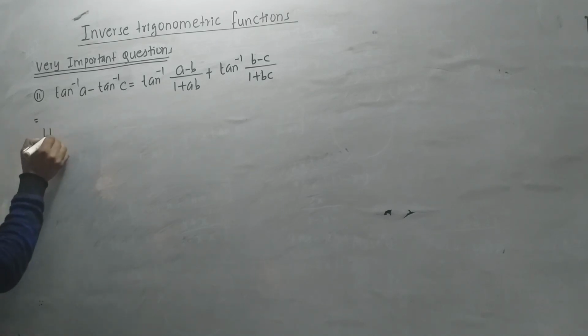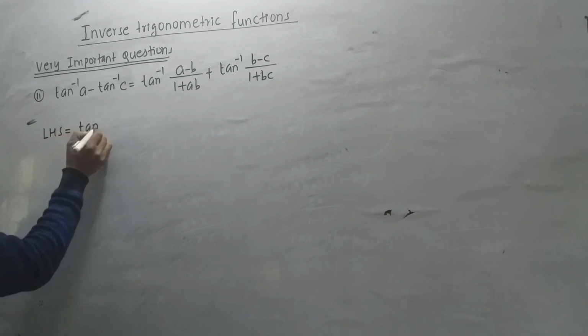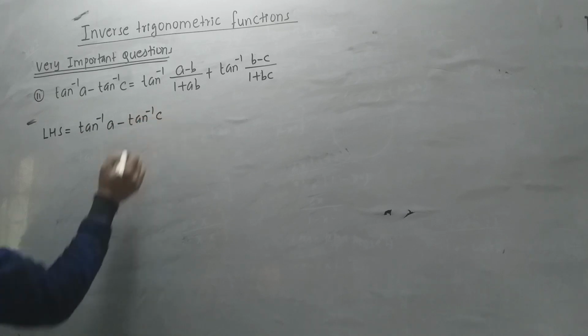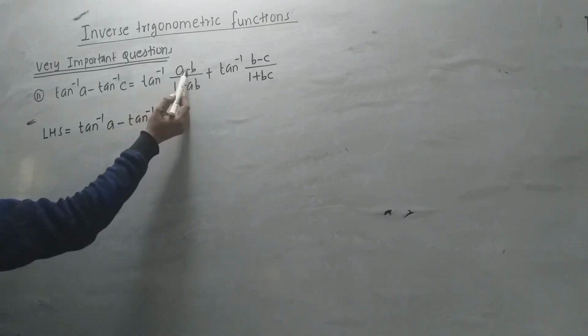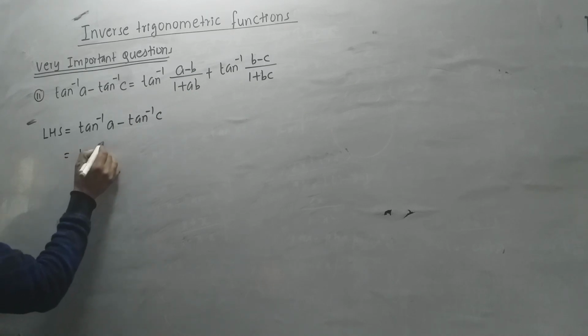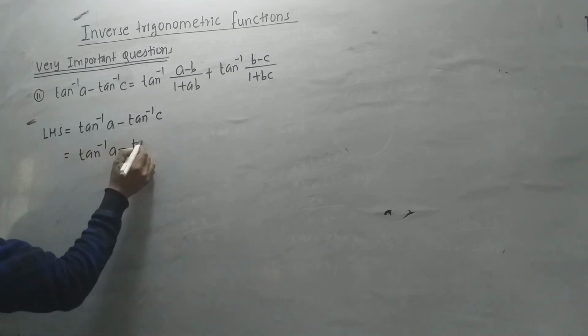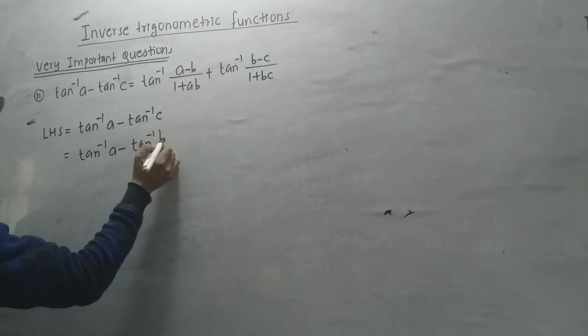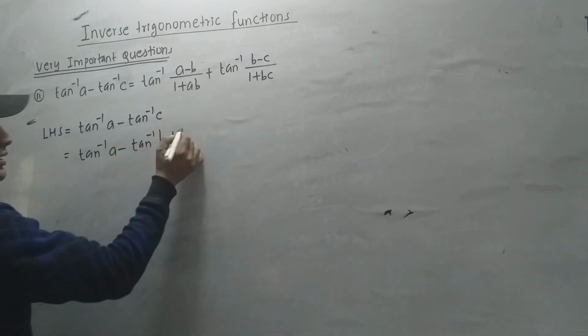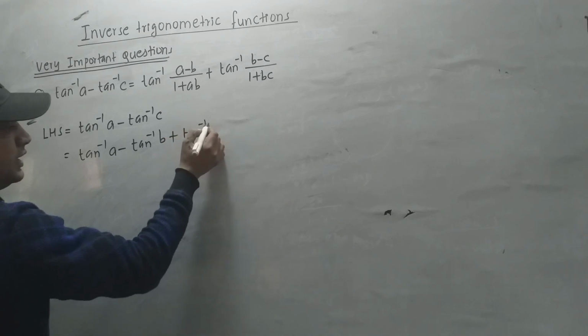So now let me write here the left hand side. So what is in the left hand side? Here it is tan inverse a minus tan inverse c. So we need b here. What we can do is write tan inverse a minus tan inverse b. To cancel the effect of this tan inverse b with negative sign, I am introducing tan inverse b.